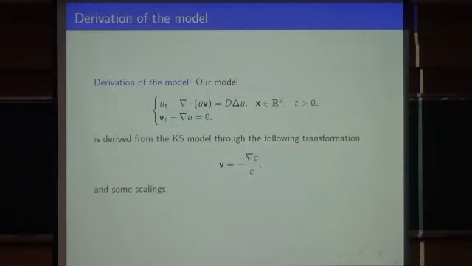The approach we adopt is to make a change of variable in the system. If we make a change of variable of this sort, and then take a derivative of the second equation, we arrive at such a system of conservation law.